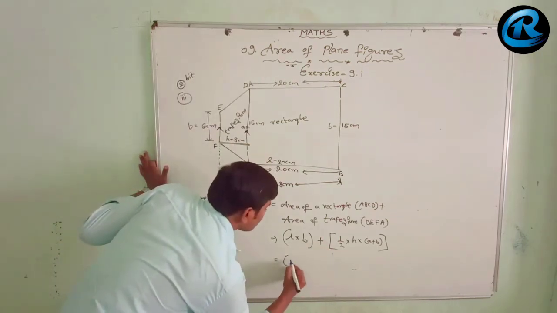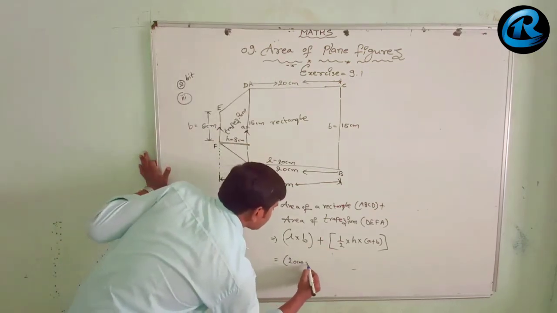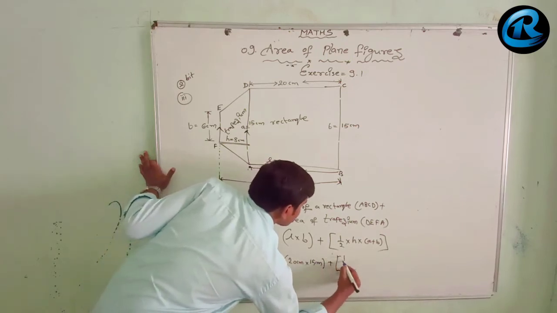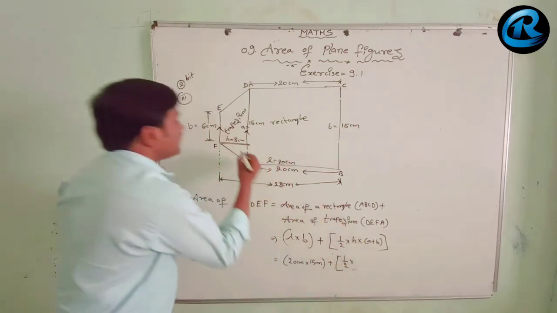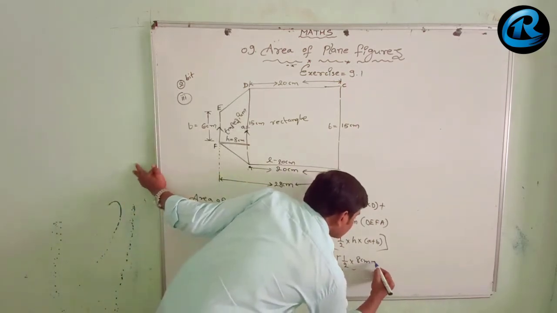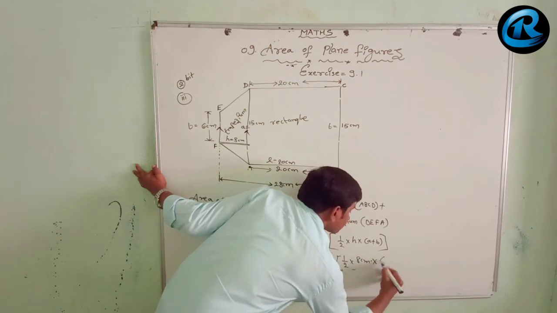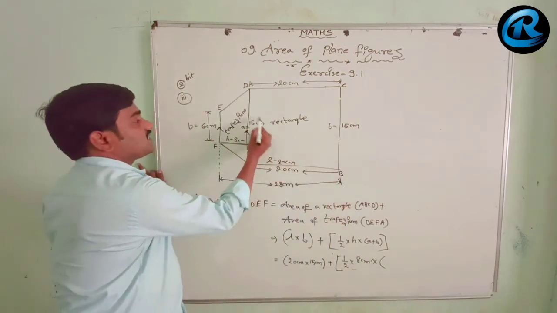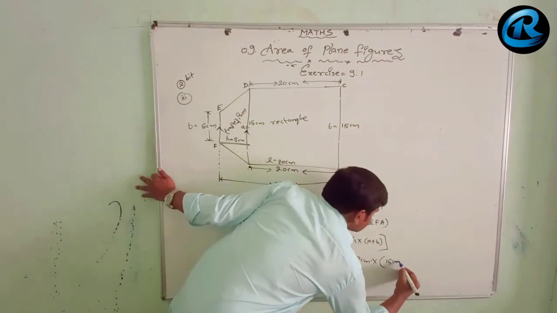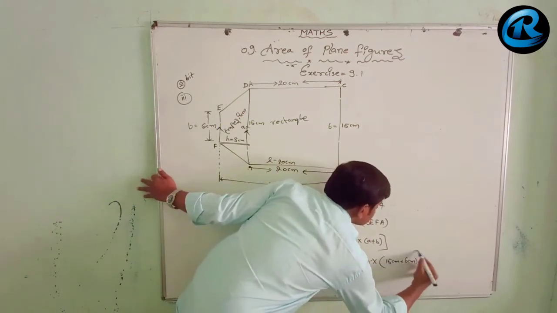L value is 20 centimeter into B value 15 centimeter, plus 1 by 2 into h, height 8 centimeter, into a plus b. a is 15 centimeter and b is 6 centimeter, so 15 centimeter plus 6 centimeter.